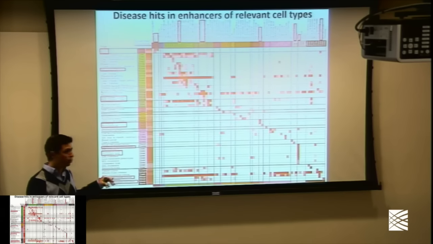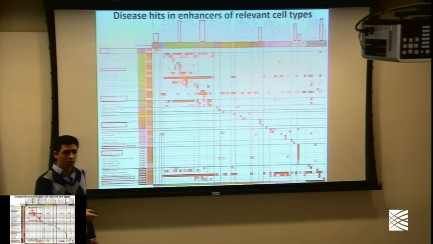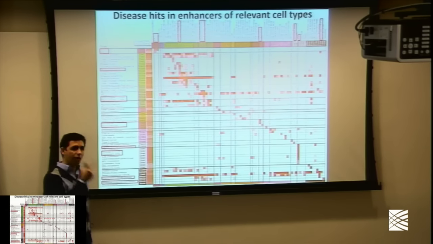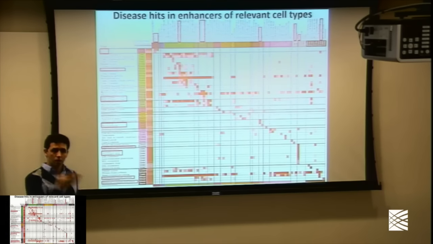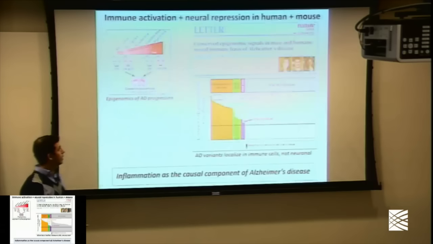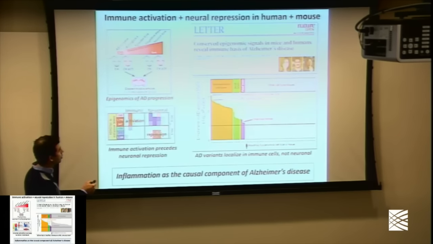And what this is telling us is that it's not so much about neurons. It's more about the glial cells, the microglial cells inside the brain. And therefore, it's starting to tell us that Alzheimer's might be an immune disorder rather than a neuronal disorder at its causal basis. And indeed, when we collaborated with Li Hui Tsai in her lab to look at the progression of Alzheimer's in a mouse model, we found that there were indeed two changes.